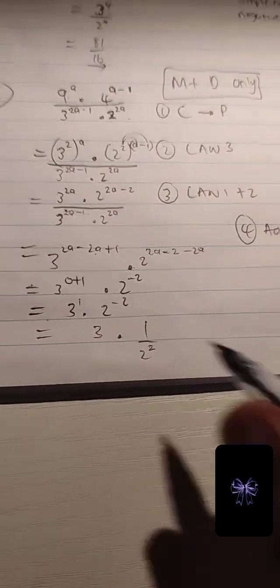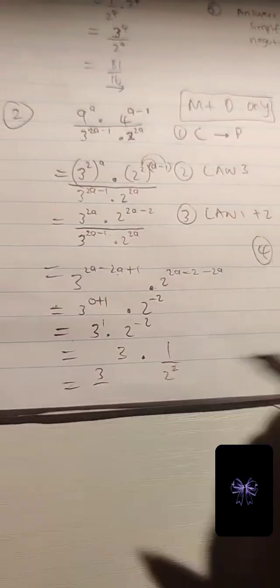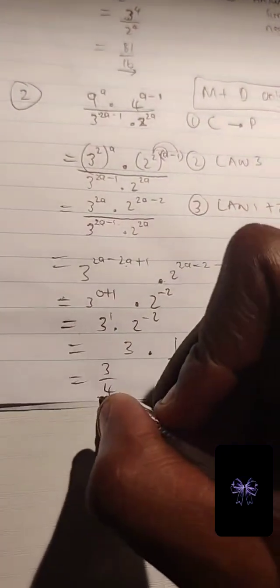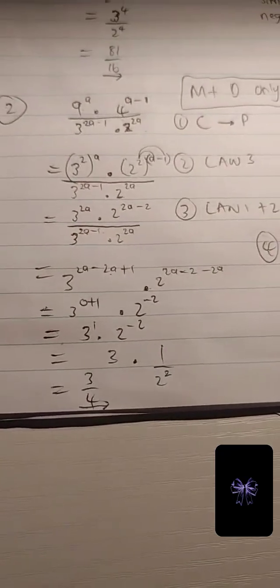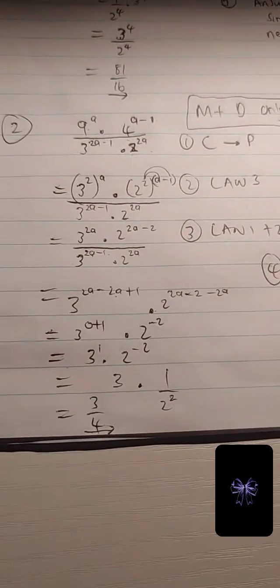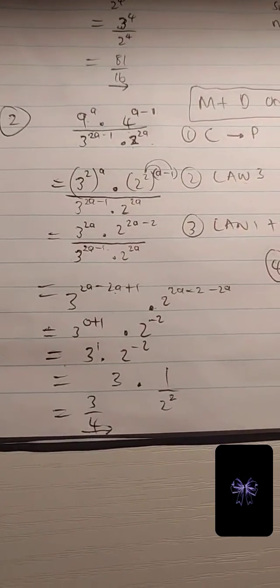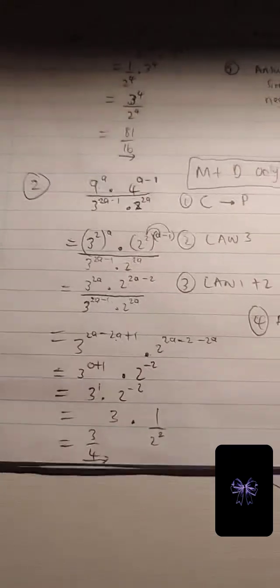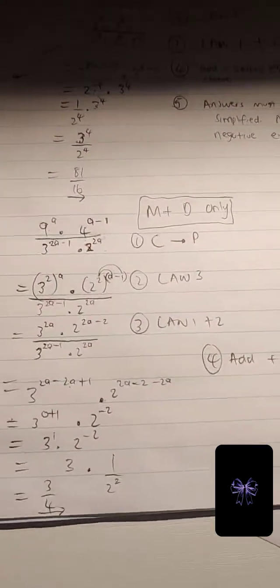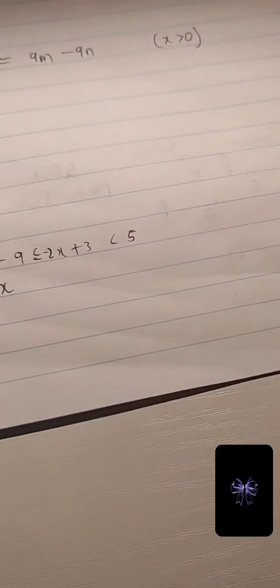And that's going to be 3 divided by 4. Awesome. Done. Okay, done. You did a good job. Good job. Good man.